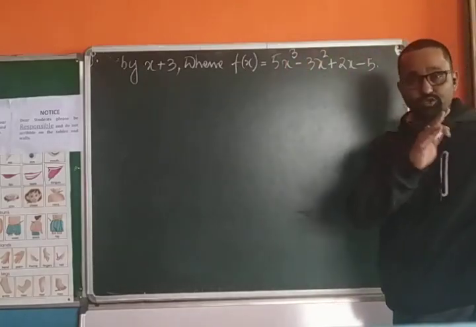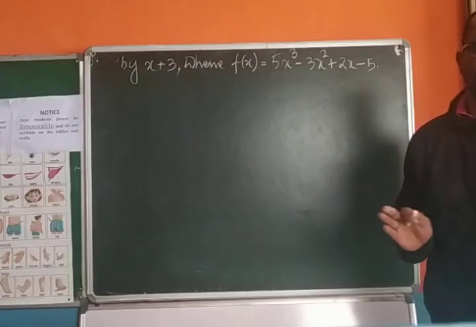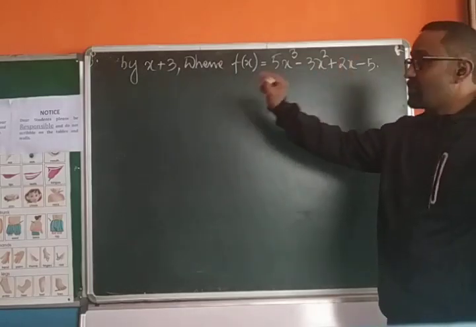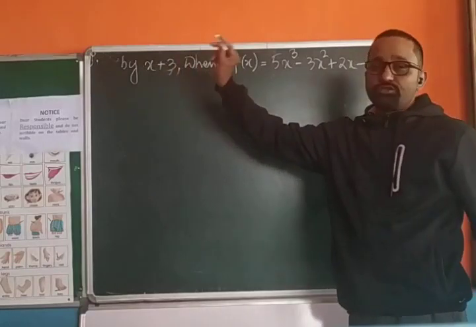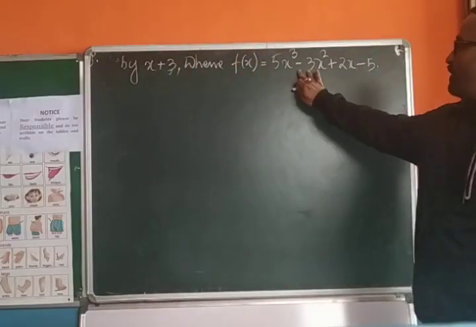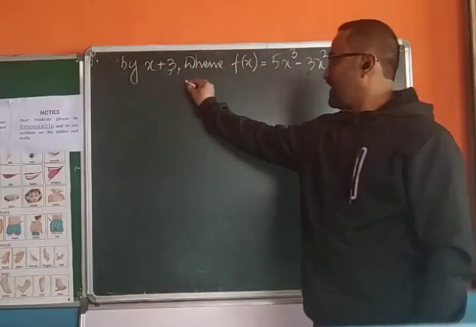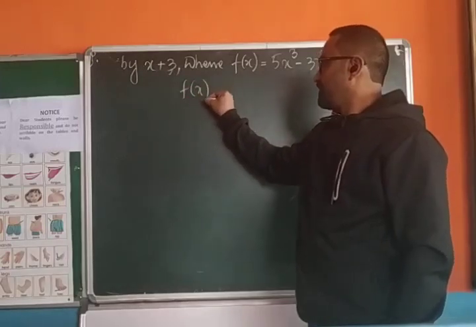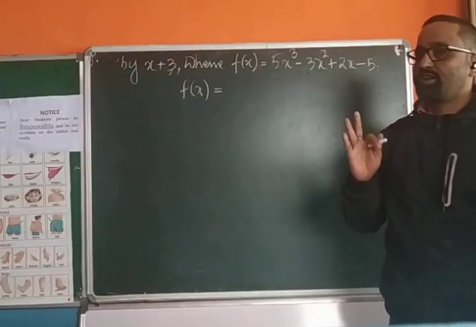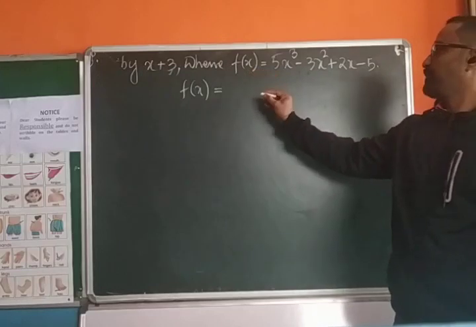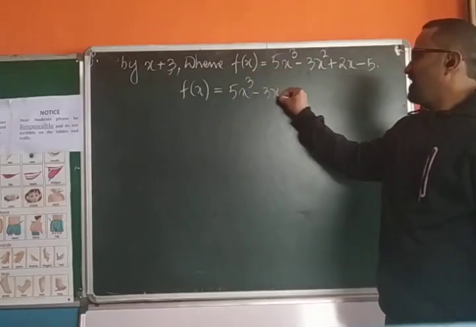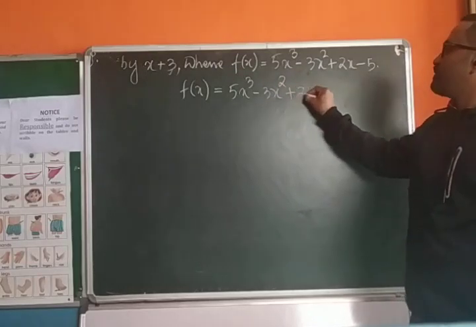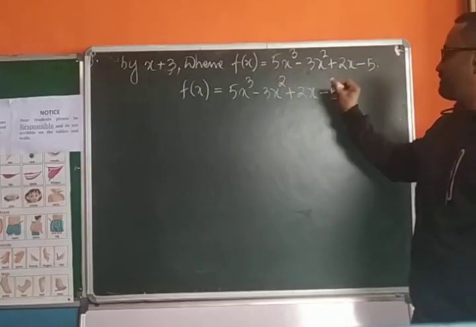Again, same steps to be followed. You don't have to worry about anything. Identify the long equation and the short one. Long equation, you should always take it as fx. Function of x, that is your remainder. 5x cubed minus 3x squared plus 2x minus 5.